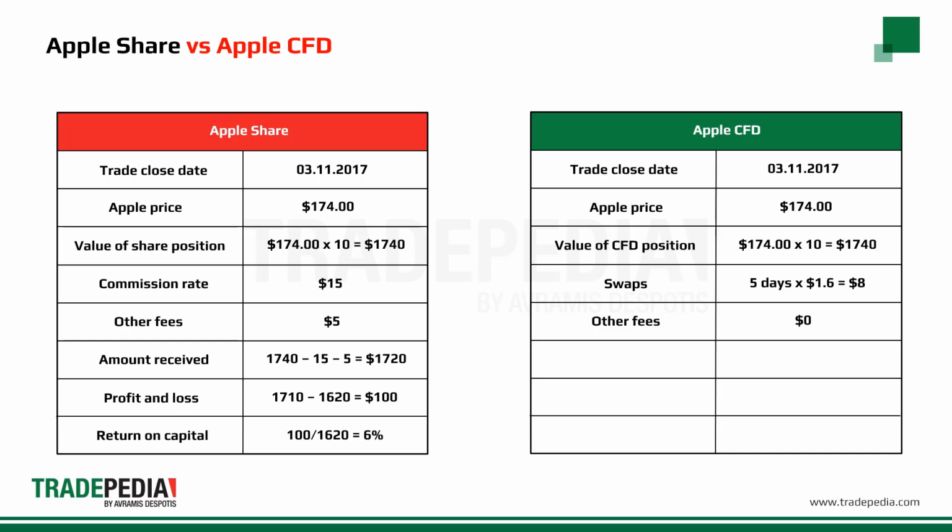With swaps of $1.6 per day for 5 days equals $8. The total amount received becomes $1,740 minus 8, which equals $1,732. This gives a profit of $132.